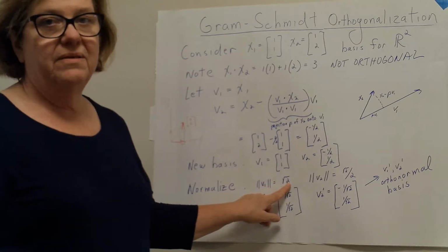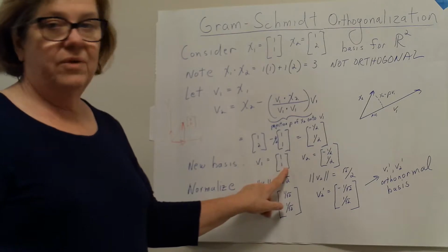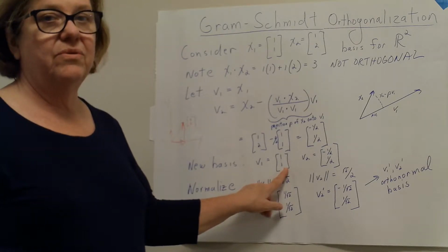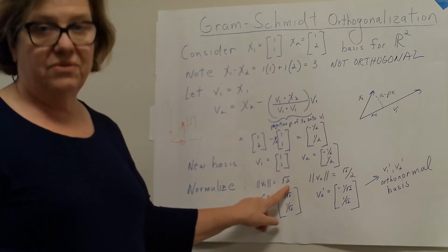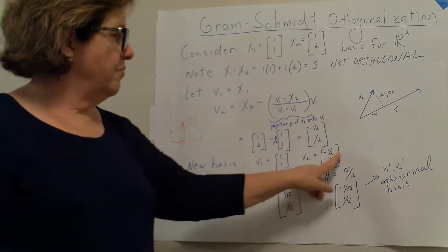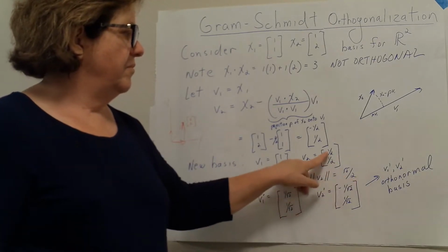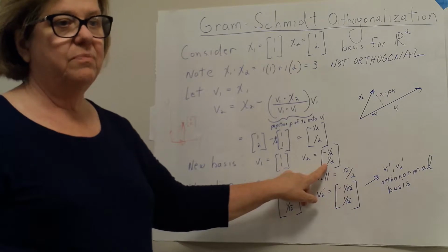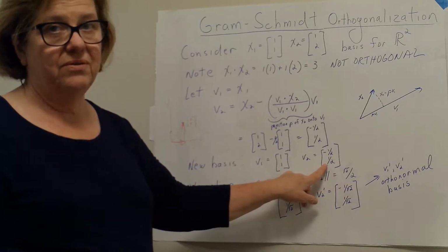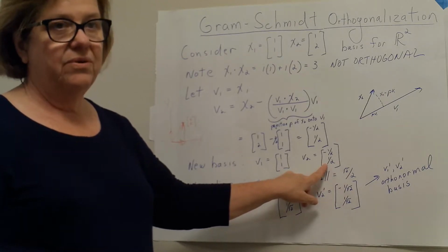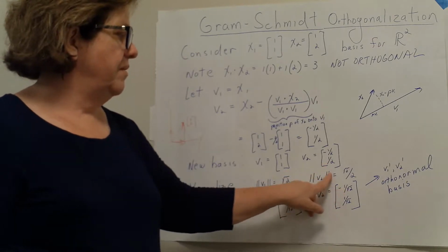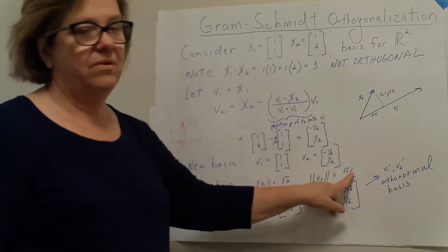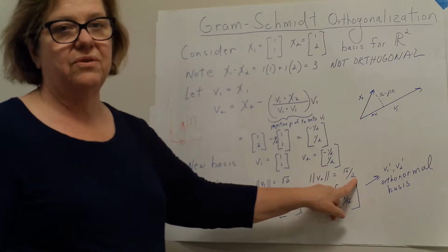The norm of v1 is the square root of 1 squared plus 1 squared, which is the square root of 2. The norm of v2 is the square root of 1/4 plus 1/4, which is 2/4, so it's 1 over the square root of 2, or we can write it as square root of 2 over 2.